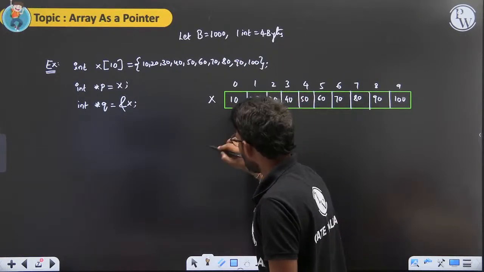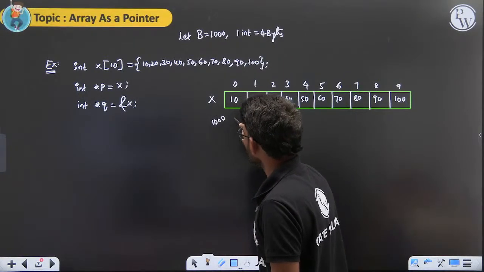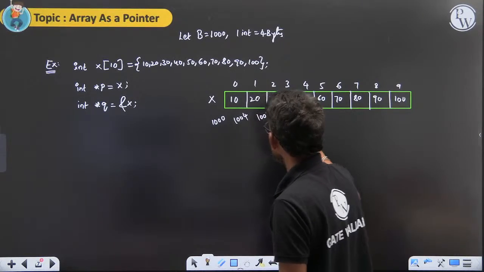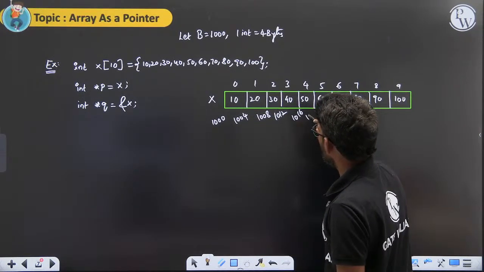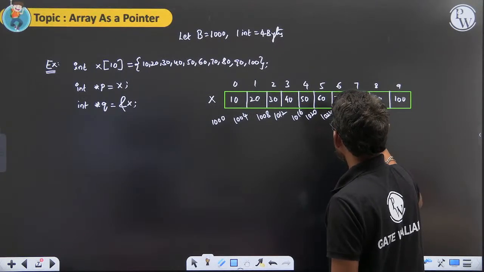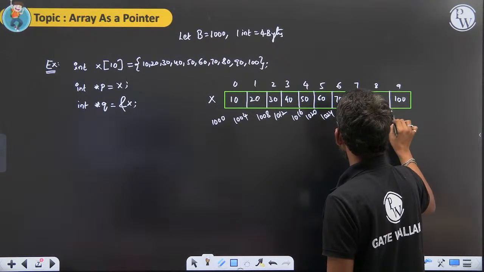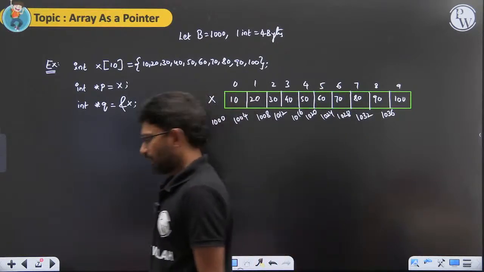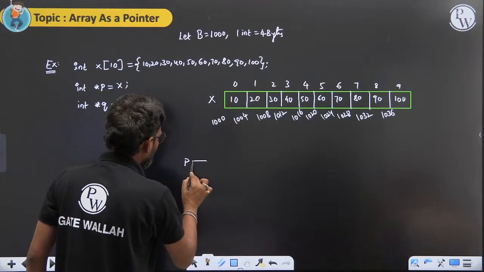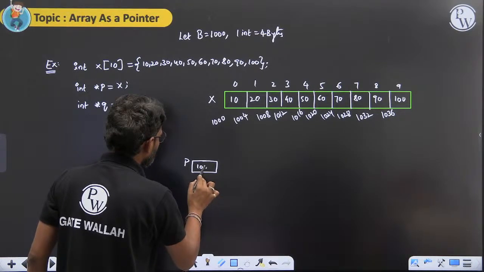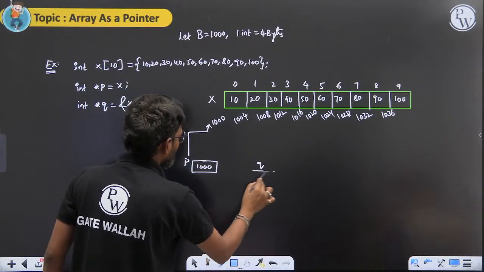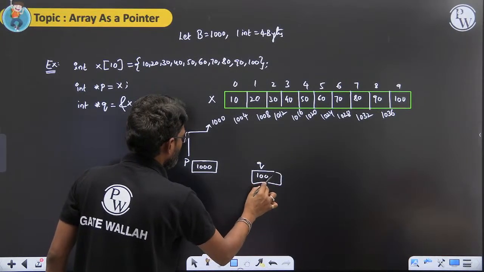So the addresses are 1000, 1004, 1008, 1012, 1016, 1020, 1024, 1028, 1032, 1036. Now what I have done: P, I am pointing to this x, Q, I am pointing to the same array.